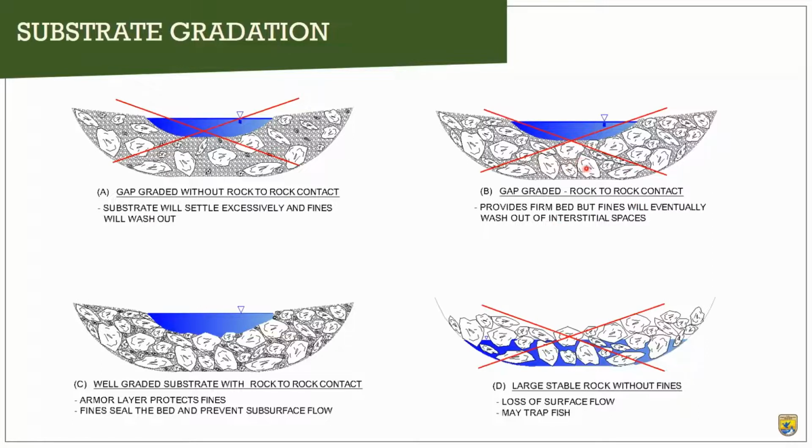Even if we have rock-to-rock contact, eventually these fines are going to wash out, and we're going to end up with diagram D here, loss of surface flows that may trap fish and definitely are not going to provide for connectivity.